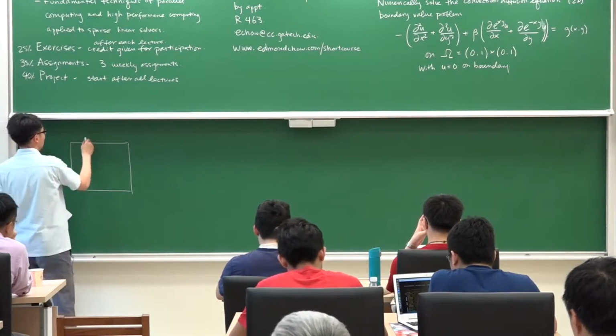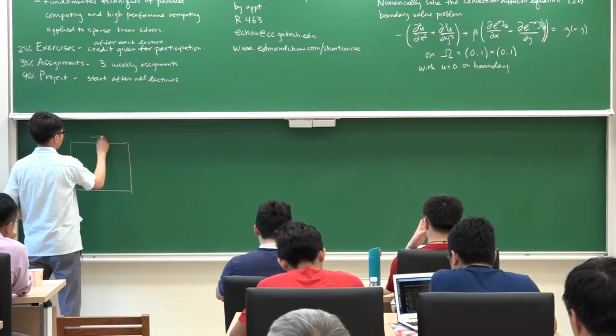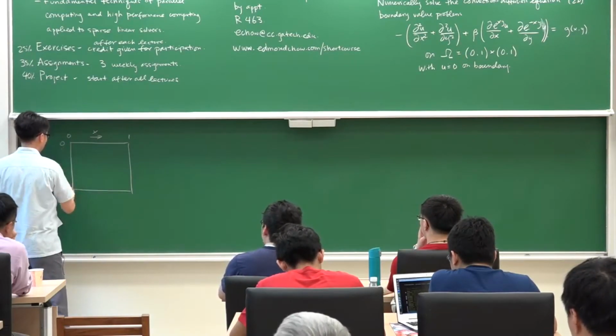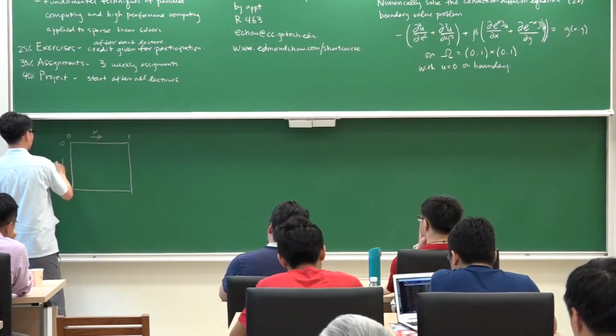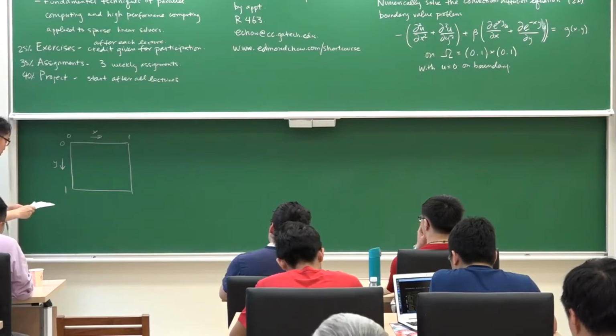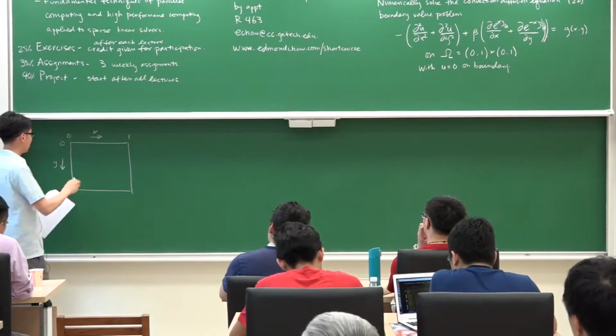So here, let's say this is the x direction from 0 to 1, and this is the y direction. I'm going to do it a little bit weird, y going down. Okay, and I'm going to choose a domain.